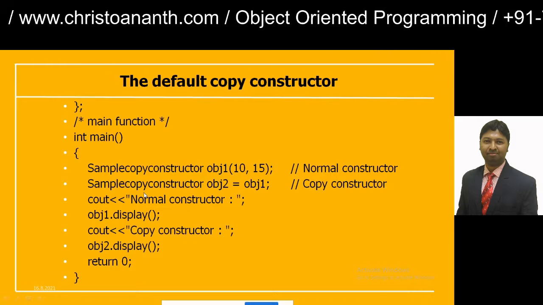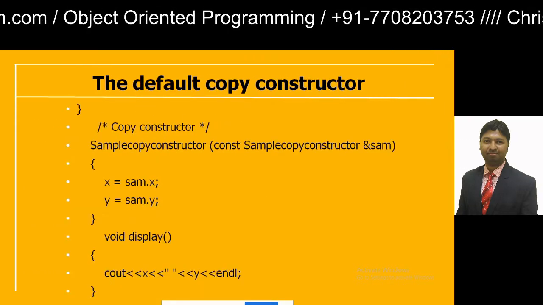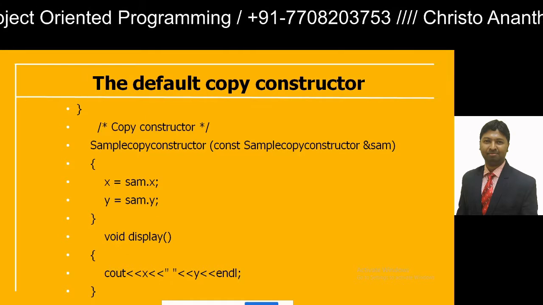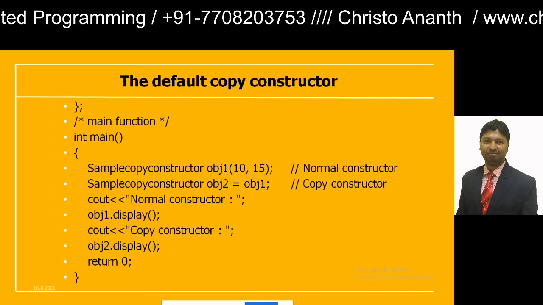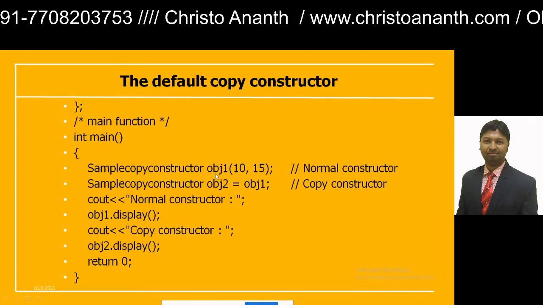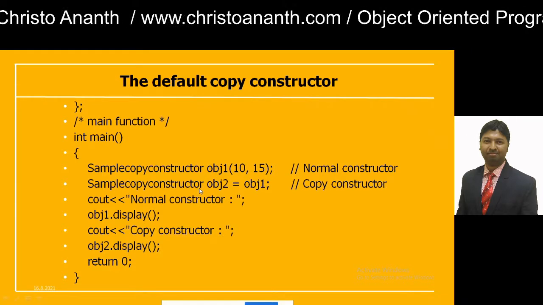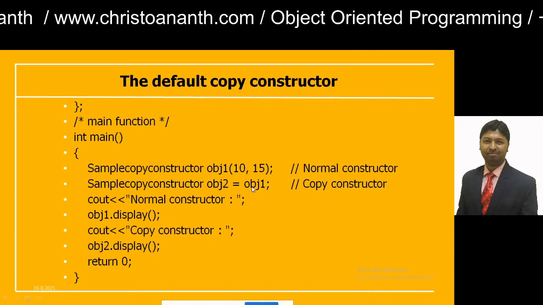In the previous slides, you started with the sample copy constructor and then the display. In the second part of this program, we have the main function, int main. SampleCopyConstructor object1(10, 15); SampleCopyConstructor object2 = object1.